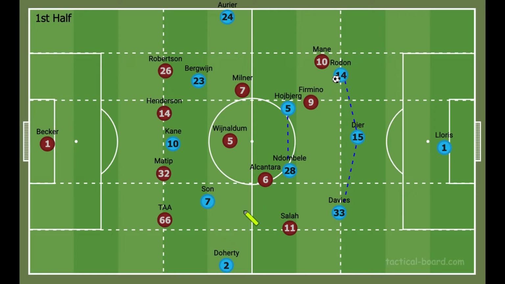So the space would either arise between the lines and the half spaces, or if Liverpool's backline was narrow and they jumped a bit more, the space would be in the wide areas with the fullbacks or wingbacks, who would advance in these positions. So then it just became a question of how the ball would arrive here.